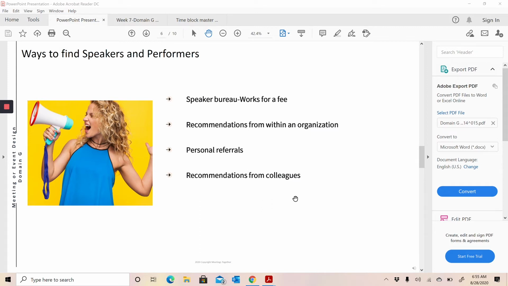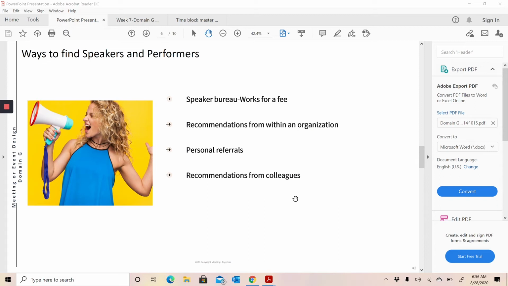Where the CVB represents different hotels within the city, the speaker bureau represents different speakers within their organization. So it's always a good best practice to work through a speaker bureau, just because they have access to multiple speakers and can help you really zone in. If you share your goals and objectives with them, they'll be able to match you with a speaker.